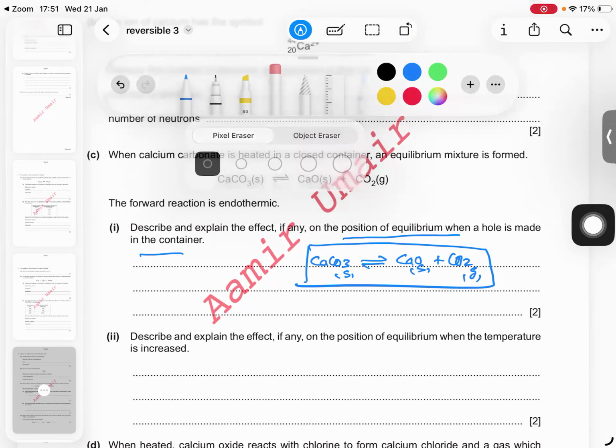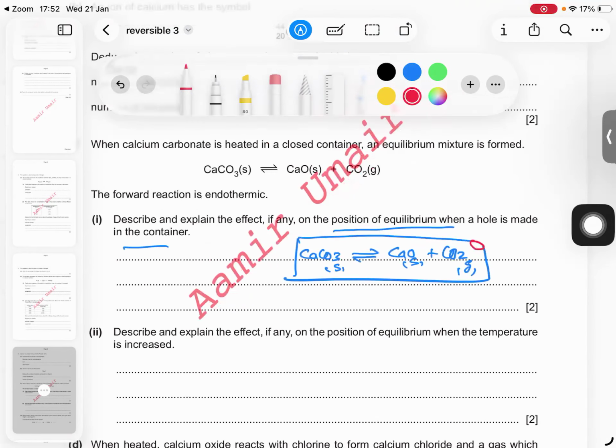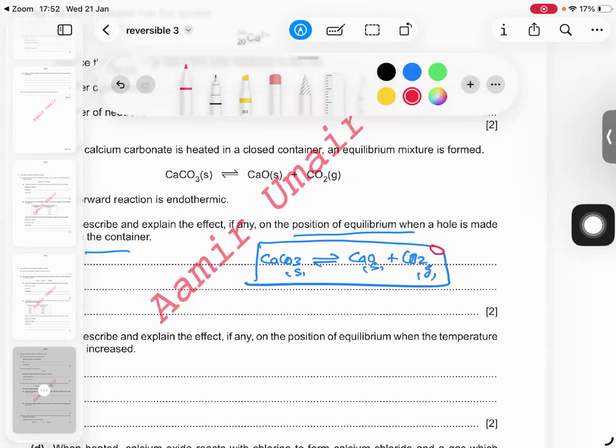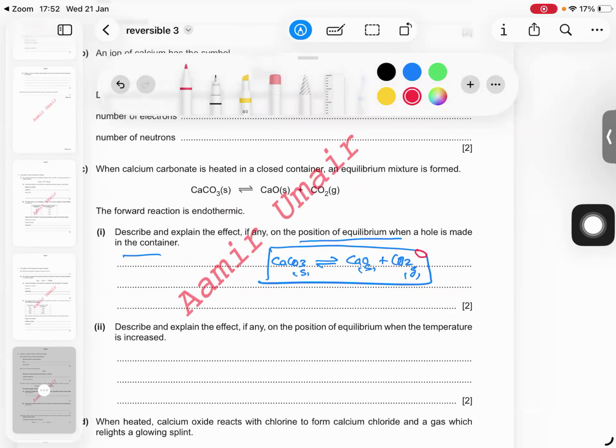Now you have to tell what will happen to the position of equilibrium. Is there any effect by making a hole in the container? Why?